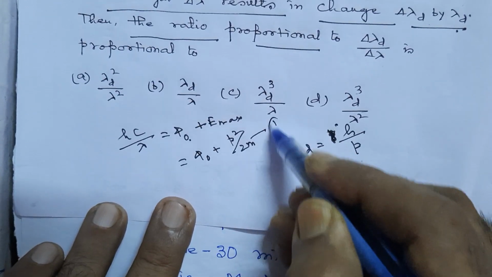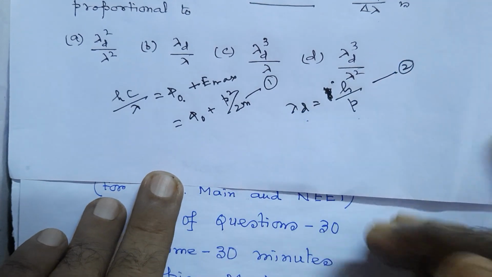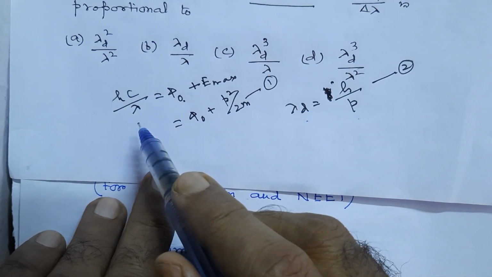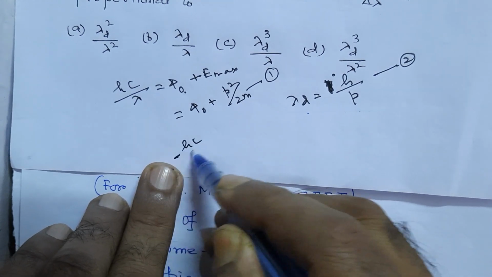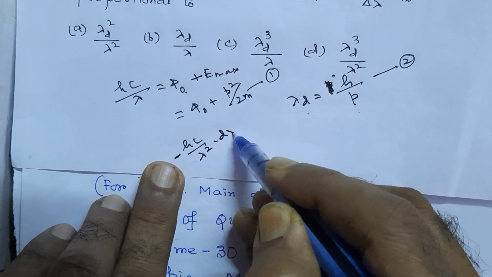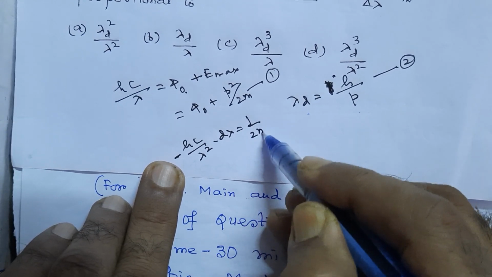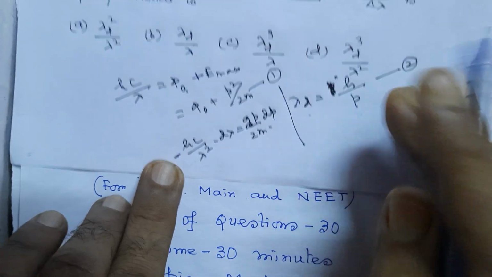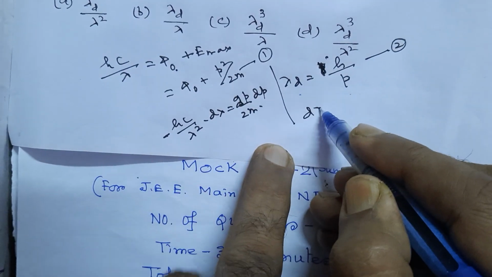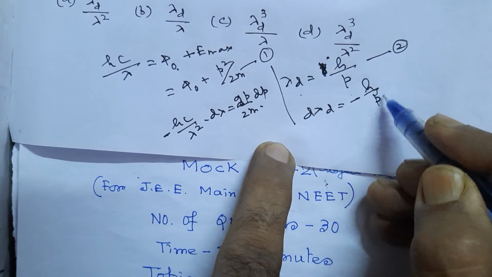Now differentiating equation 1 and also equation 2, what do we get? From equation 1, if we differentiate it, we get minus hc by lambda square into d lambda equals 1 by 2m into twice p into dp. And from the second equation, we get d lambda d equals minus h by p square into dp.